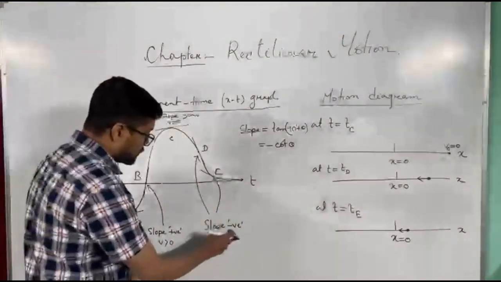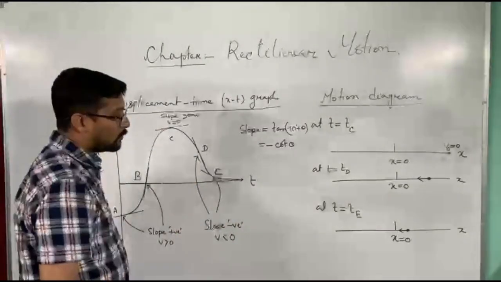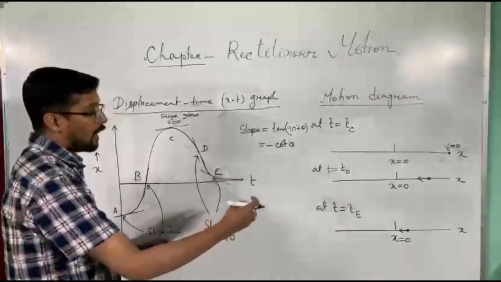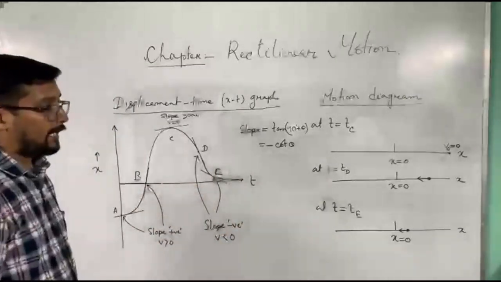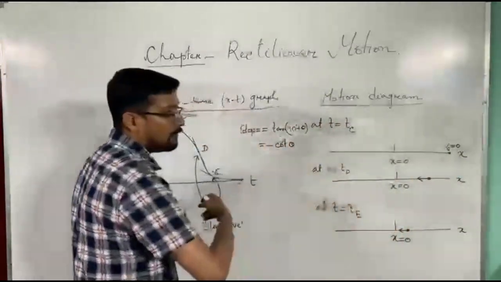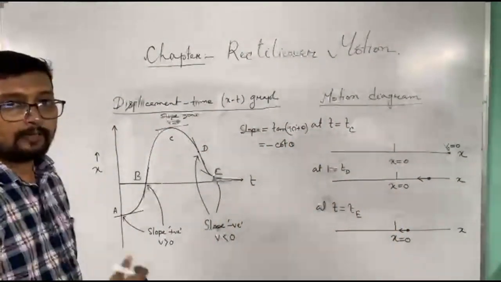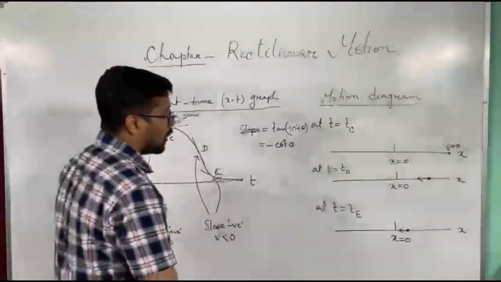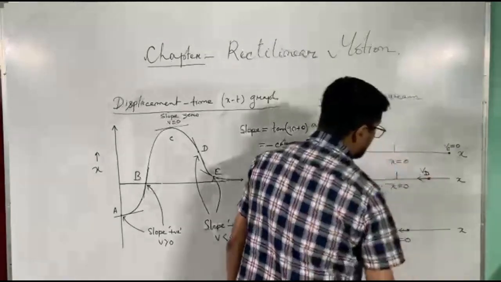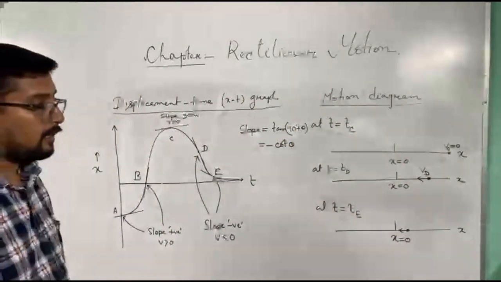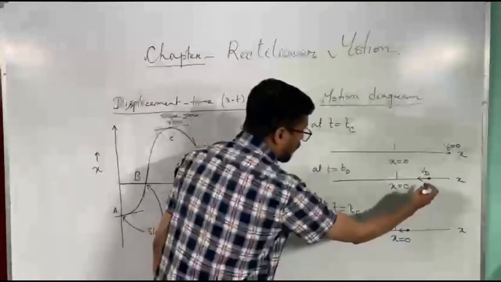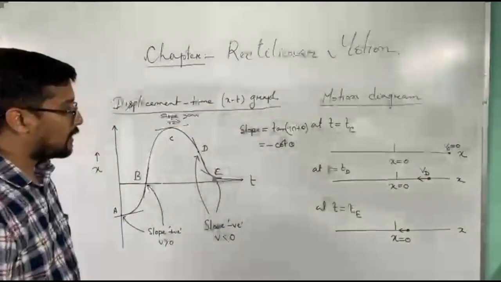So since velocity here is negative, less than 0, that means obviously the object is now reversing its direction. That means from here the object is now moving in the negative x direction, which is my assumed negative direction. Now the object is somewhere here. Velocity here is Vd. And why is it negative or less than 0? Because the object is now moving in the negative x direction.